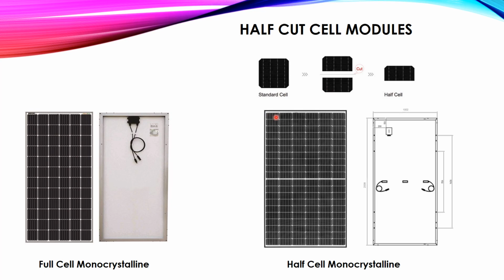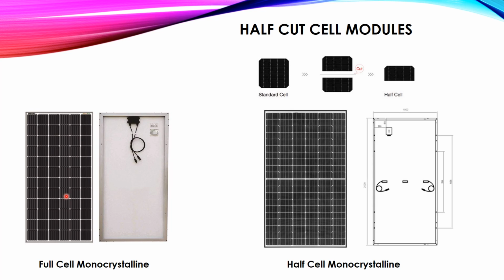That's why it's called half cell monocrystalline, and the lower one consists of half cells. So basically we divided or cut each of these cells in half, and provided two panels integrated in one panel. This panel produces the same power as this panel. Nothing changed except that we separated the panel into two halves.